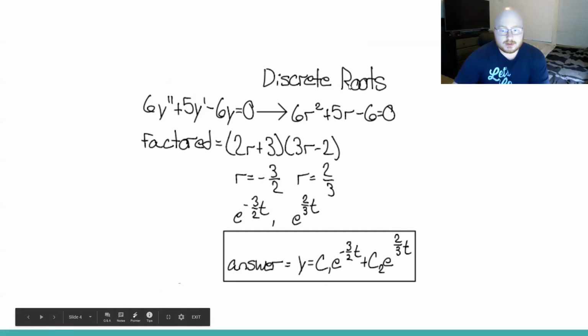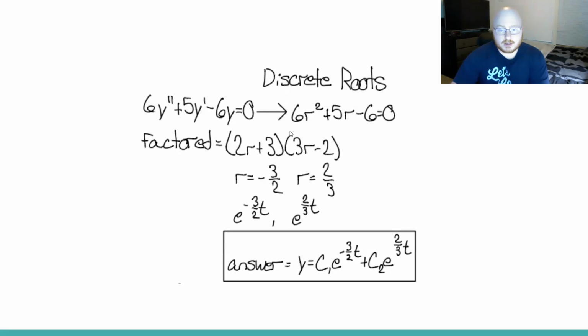First is discrete roots. This is pretty simple. You convert the second order differential equation using e to the rt, and this converts pretty simply to 6r squared plus 5r minus 6 equals 0.